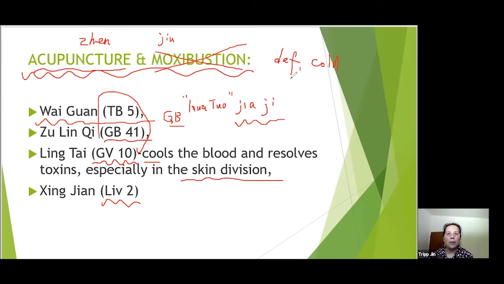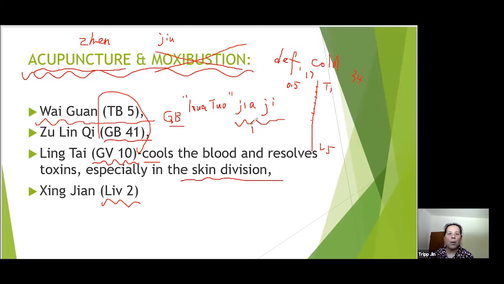Jiaji points are about 0.5 cun away from the middle line on both sides, from T1 to L5, below each of the vertebrae. So totally we have 17 on each side and 34 on both sides.